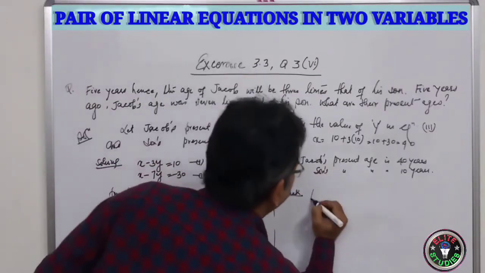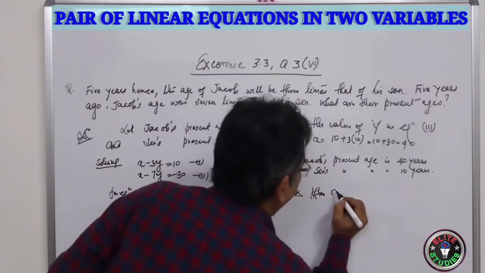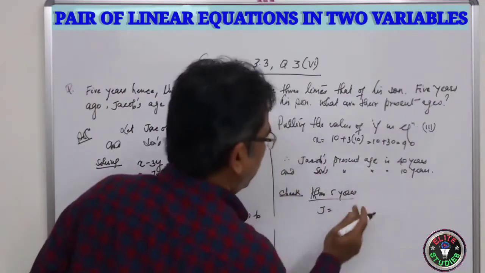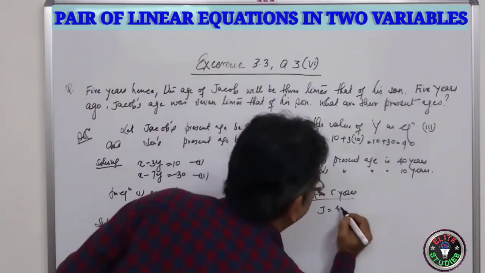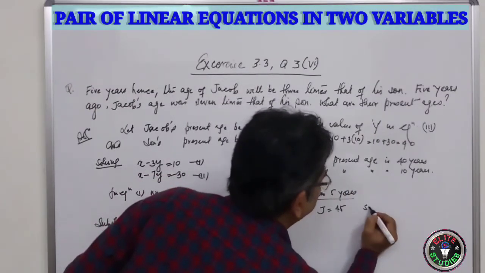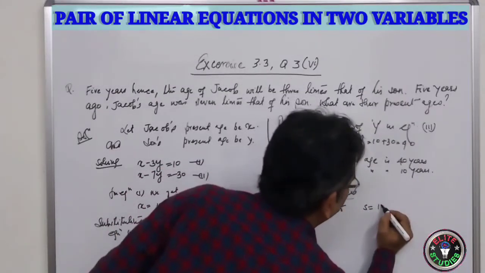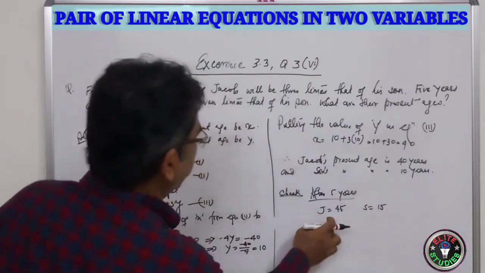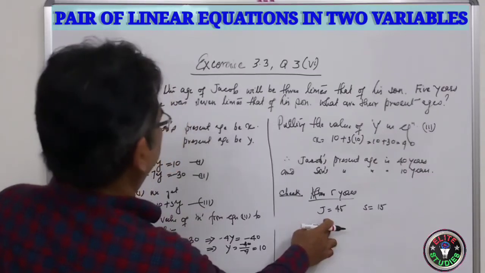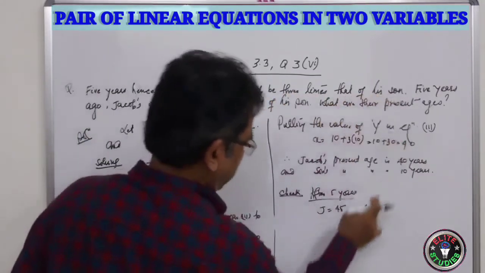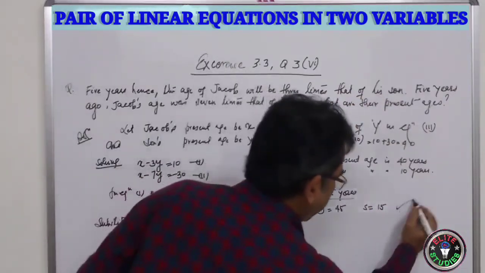After 5 years, Jacob will be 40 plus 5, 45, and the son will be 10 plus 5, 15. Now Jacob is 3 times that of his son. So the first condition is satisfied.